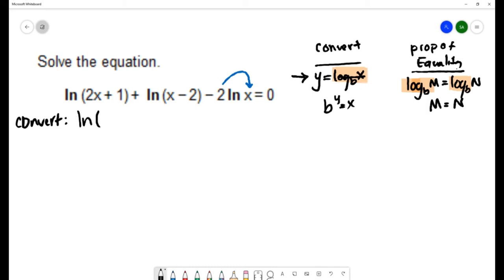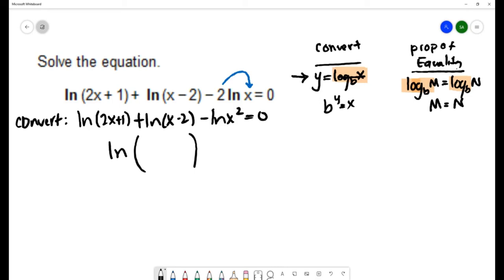I would have natural log of 2x + 1 plus natural log of x − 2 minus natural log of x squared. Then I would condense down to a single log using both the product and the quotient rule for logarithms. We would multiply the two logs that are positive and divide by the one that's negative. So that's ln of (2x + 1)(x − 2) over x squared equals 0.